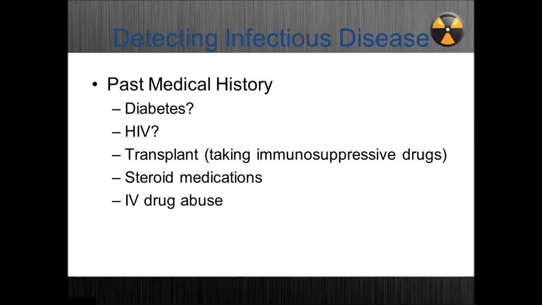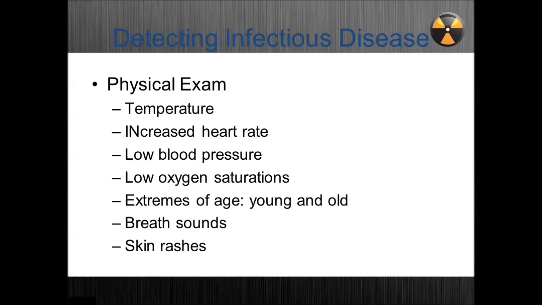So when you see people that have these conditions, or they're on steroid medications like COPD patients, and then there are the IV drug abusers, just the fact that you use IV drugs, there's probably an increased risk. I'm not trying to stereotype everybody, but you just have to say there's probably some good odds that there's some extra disease floating around there. So you have to be careful and think about this and prepare.